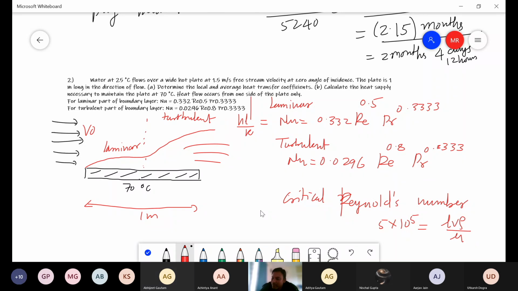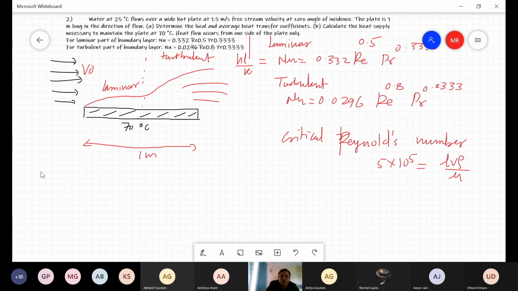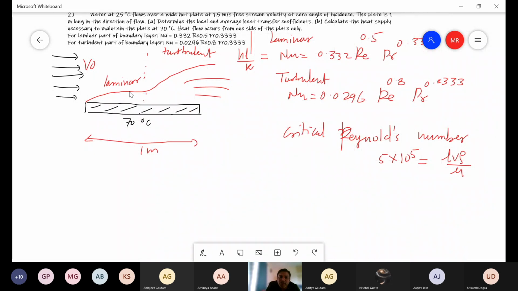Okay, so now let's calculate. There is a problem because we don't know whether we will have both laminar and turbulent regimes present, or only the laminar regime.